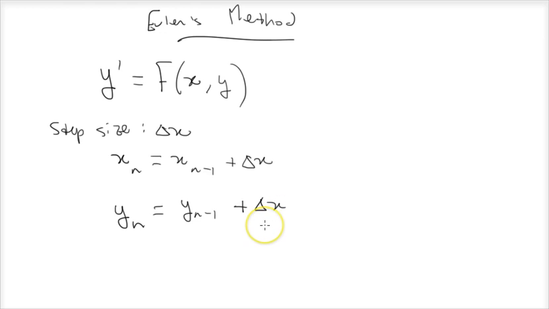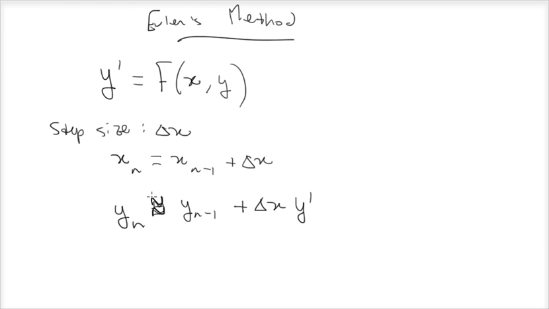Now in your book it calls this change of x h. You can call it h if you want. I think change of x just makes a little bit more sense, times the derivative, so this function of x and y. And this is an approximation. So that's the approximation right there.